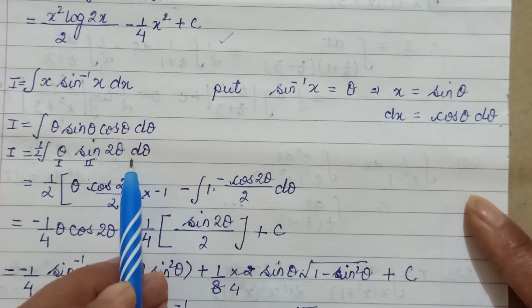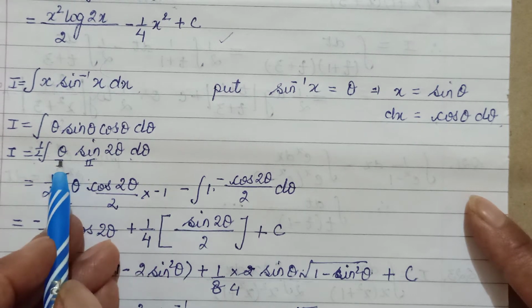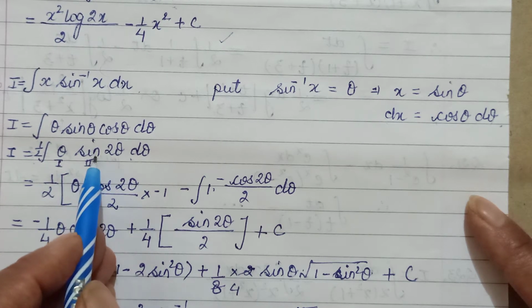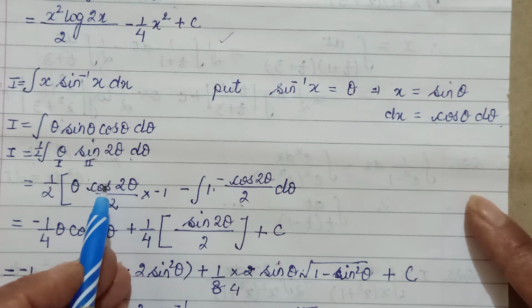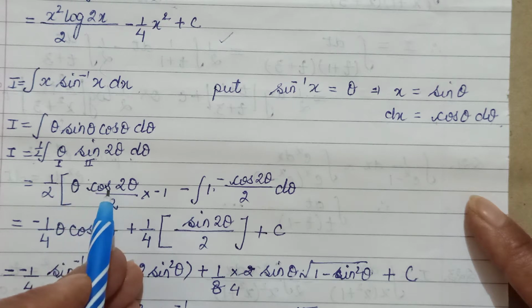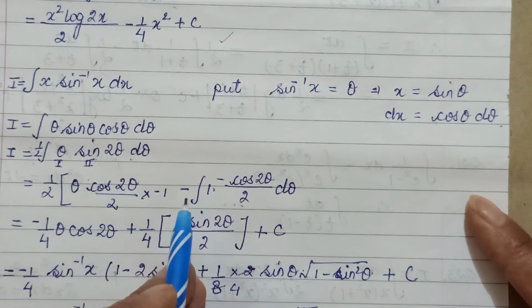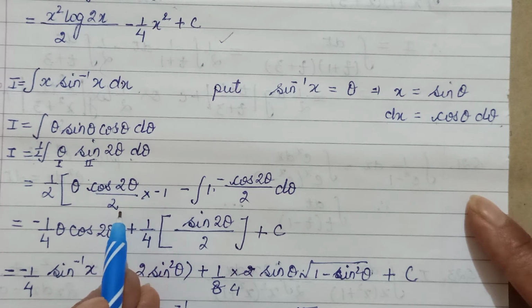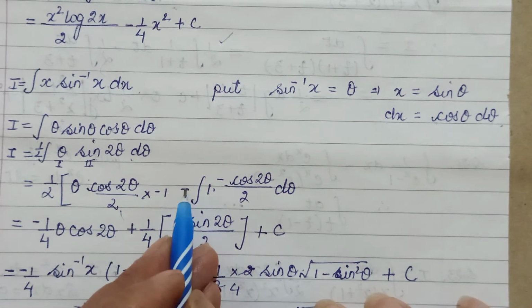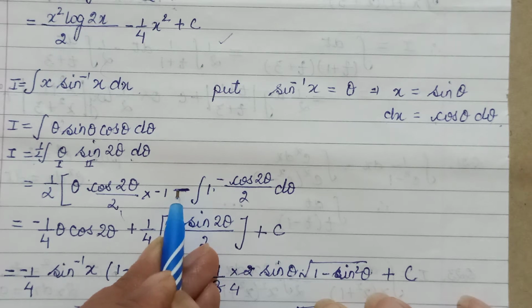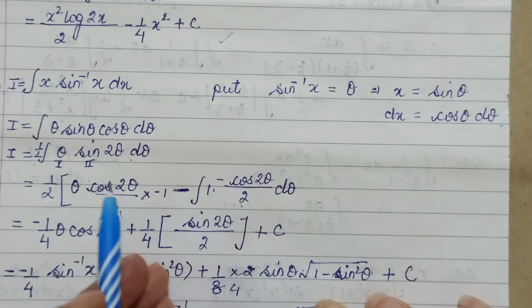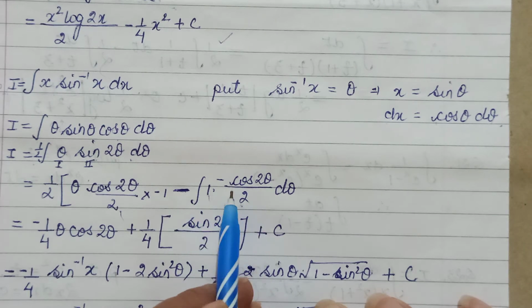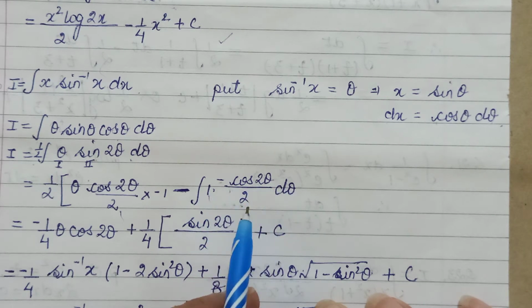Okay, now again we'll decide algebraic function first, trigonometric second. First function as it is, integral of sin 2 theta comes out to be minus cos 2 theta upon 2, minus I've put here. So minus of cos 2 theta and then upon 2 also because of 2 theta. Then minus of the formula, and integration of derivative of theta with respect to theta is 1. And then again integral was minus cos 2 theta by 2.